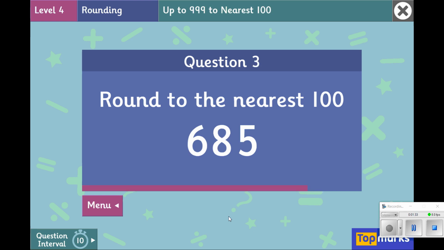Round 685 to the nearest 100. Round 110 to the nearest 100. Round 207 to the nearest 100.